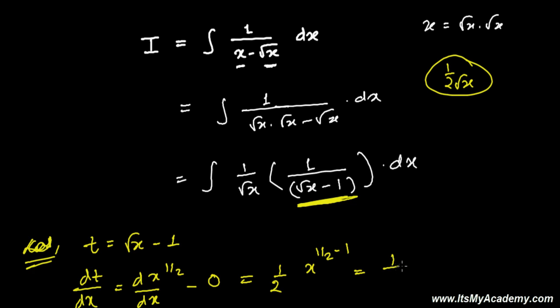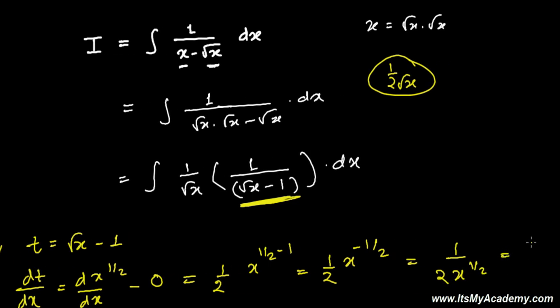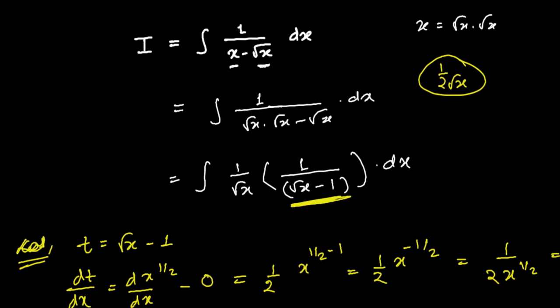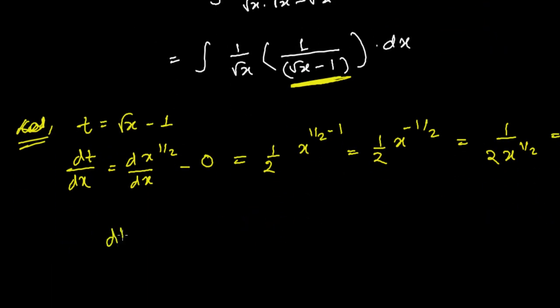Finally I get 1 over 2 root x. So dt over dx is 1 over 2 root x.